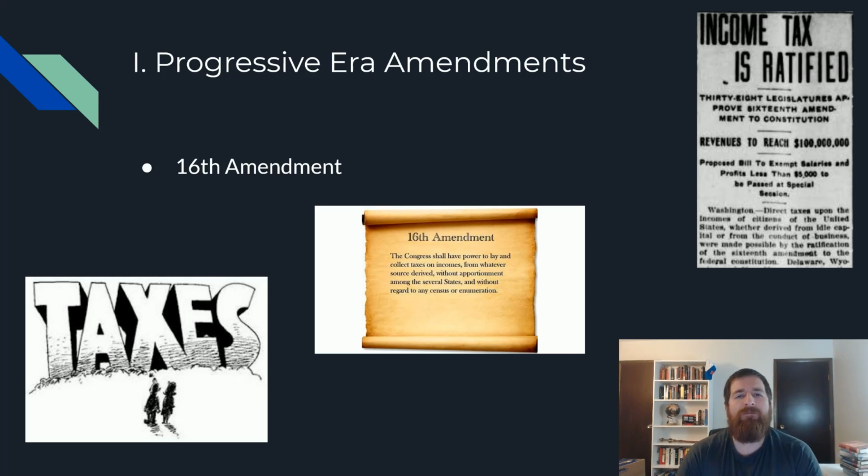And the reason for that has to do with how, before this, government got most of its revenue. Before the 16th Amendment, the majority of government revenue came from tariffs, which are taxes on imported and exported goods. And the problem with tariffs is that they can be changed often.